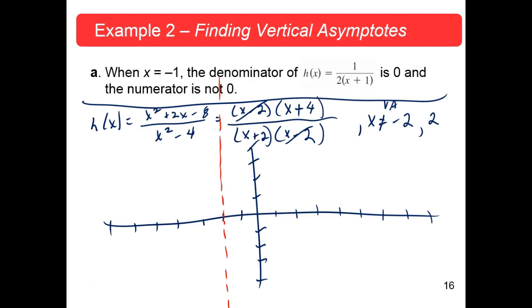There's your horizontal asymptote at y is equal to 1. So now we got our asymptotes in there. Vertical, it can't cross. The horizontal, it could touch or cross, but it's there. So where do we go from here? How would you go about graphing that?